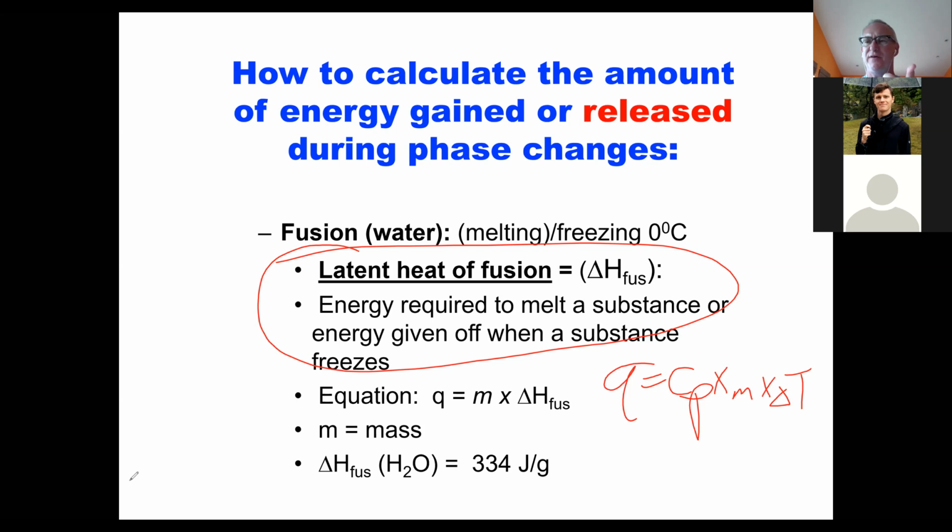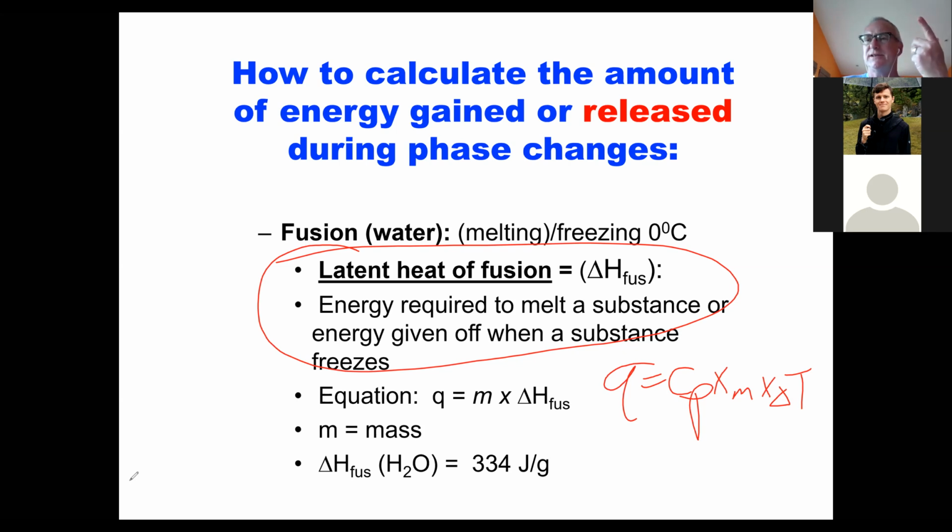And the latent heat of fusion is the amount of heat that's involved between the solid phase and the liquid phase. So when we say it's fusing, obviously it's going from the solid to the liquid. But when it's melting, it's actually doing the same thing, but just in reverse. So we just reverse the sign.